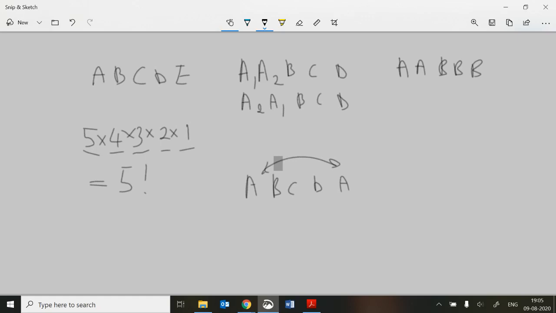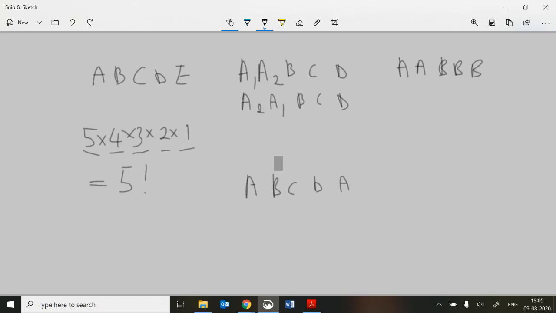So hopefully you can see that in twice the combinations here, we have the same word being spelt out, because in half of the combinations you'll have A in one position, half of the combinations you'll have A in the other position, but spelling the same word.